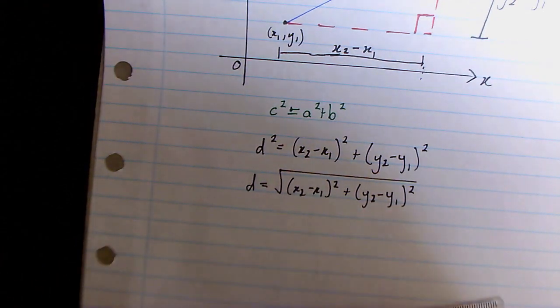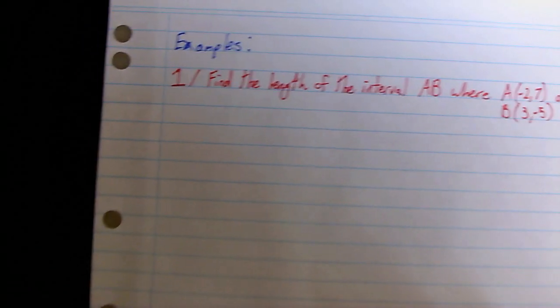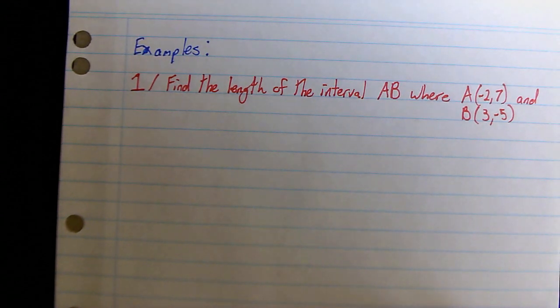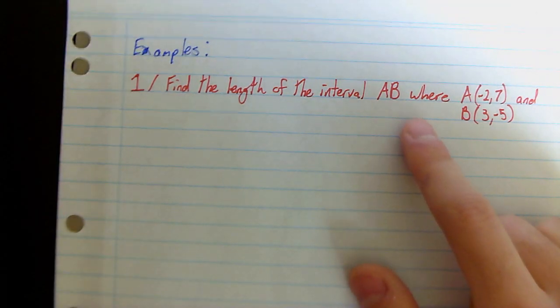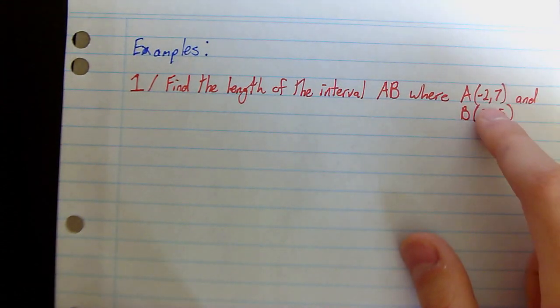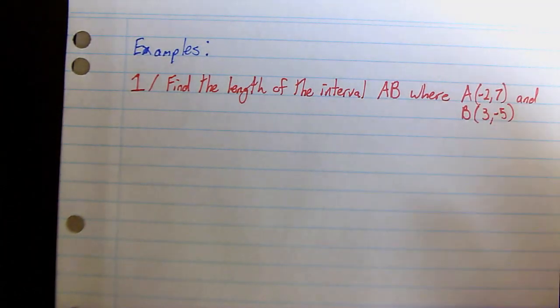So let's look at a few examples. We're going to start off easy with the most basic example you can get, which is just finding the length of the interval between 2 points. We want to find the length of the interval AB, where point A is (-2, 7) and point B is (3, -5).